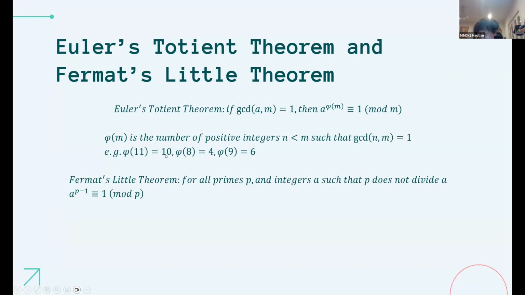Phi of 11 is 10 because 1, 2, 3, 4, 5, 6 up to 10 are all less than 11 and all have GCD of 1 with 11. Phi of 8 is 4 because 1, 3, 5, and 7 have GCD 1 with 8. Phi of 9 is 6 because 1, 2, 4, 5, 7, 8. That's all we need for now. We can ignore Fermat's Little theorem for the moment.